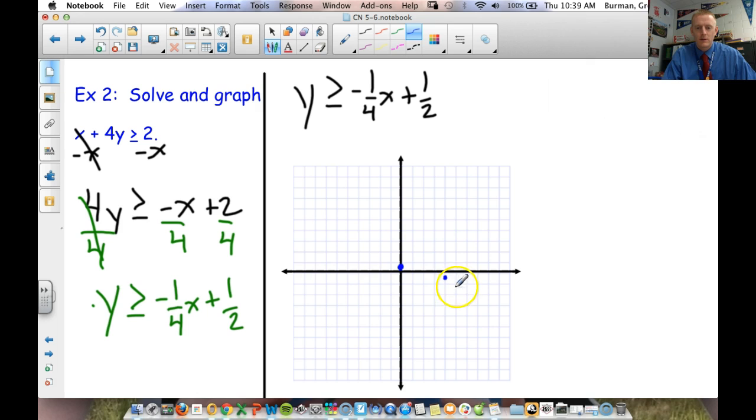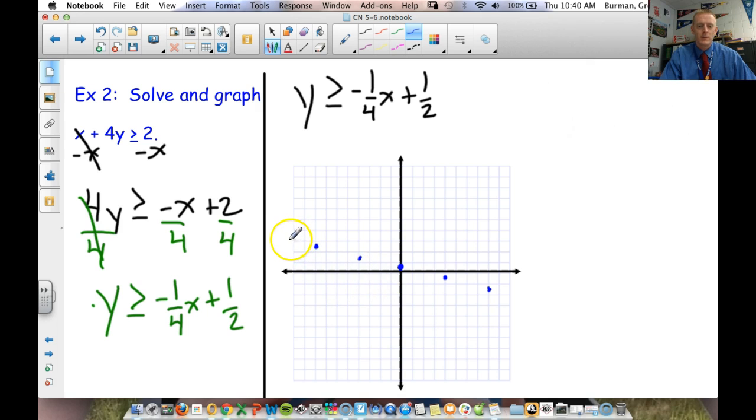Down 1, to the right 2, 3, 4. So we're in the half line. That's kind of awkward, but we can deal with it. Up 1 to the left 1, 2, 3, 4. Up 1 to the left 1, 2, 3, 4. Now, because we have an or equal to, this means we're going to have a solid line.